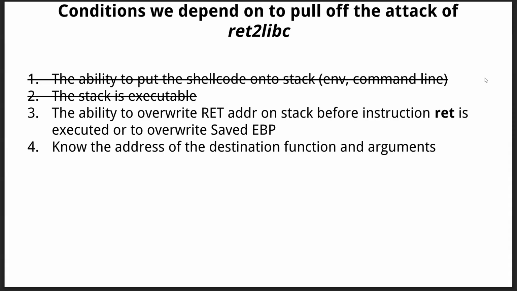Those gadgets are not necessarily emitted by the compiler. Let's say you have an instruction that moves some data from EAX to EBX. But if you interpret that instruction from the middle, it becomes an instruction, then a return instruction. Make sense? Because in the Intel instruction set, those instructions are variable length. We have seen some instructions with 1 byte, some with 5 bytes. There are instructions of 10 bytes or, I believe, 12 bytes.